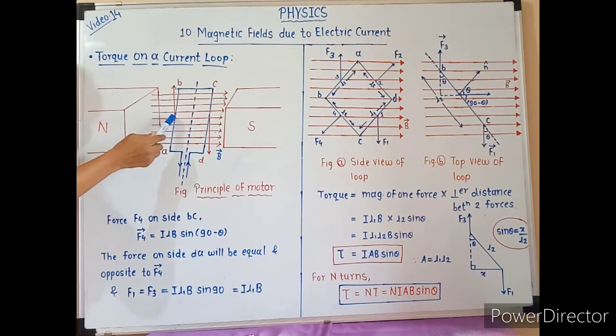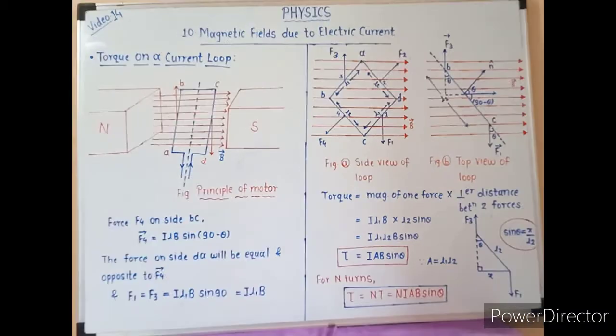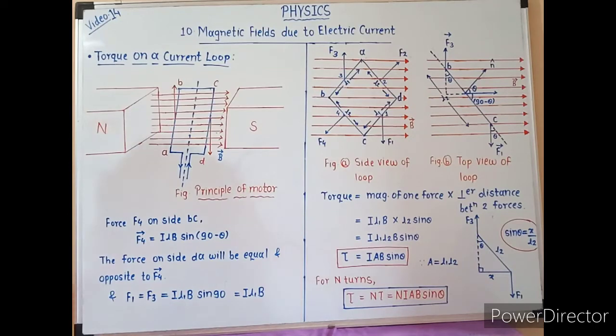To find the force on these two sides, that is AB and CD, we can use the right hand rule. According to this right hand rule, these three fingers are perpendicular to each other.